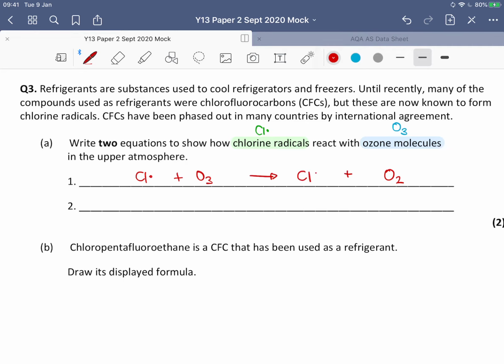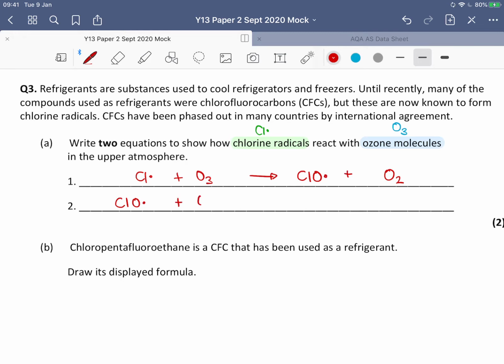So our radical is our chlorine free radical. Whatever free radical is on the right of the first equation must be on the left of the second equation, as a consequence of the first equation.